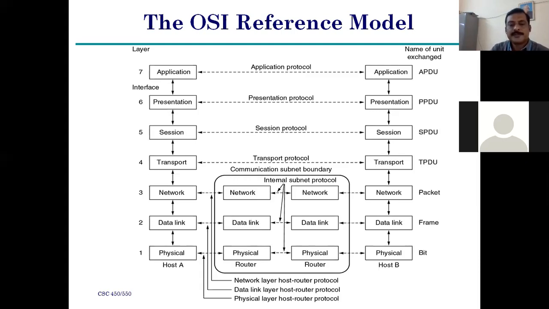The physical layer is used for the purpose of transmitting bits from one layer to another layer. For example, there are 7 layers available at the sender side, and these 7 layers are also available at the receiver side, right?